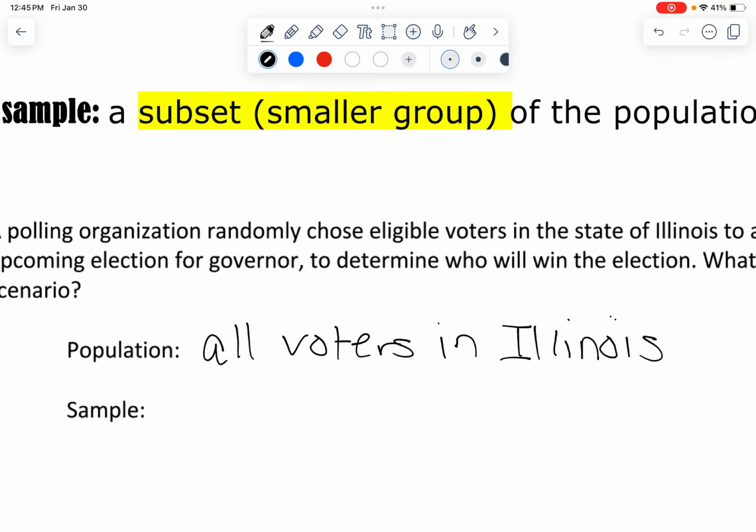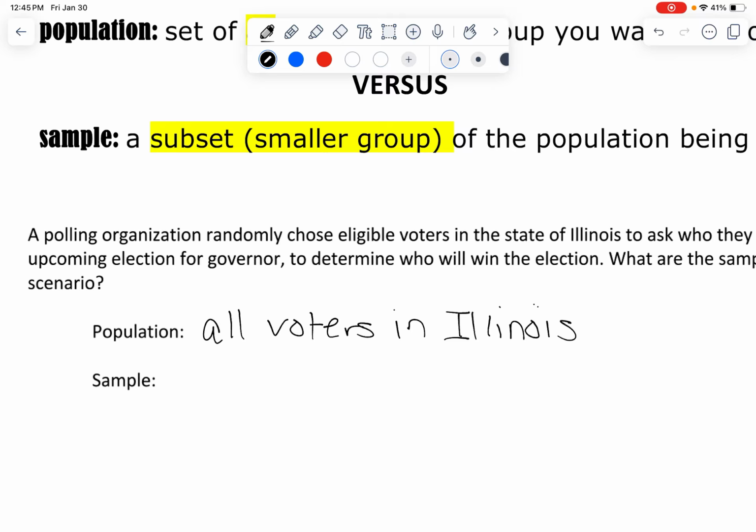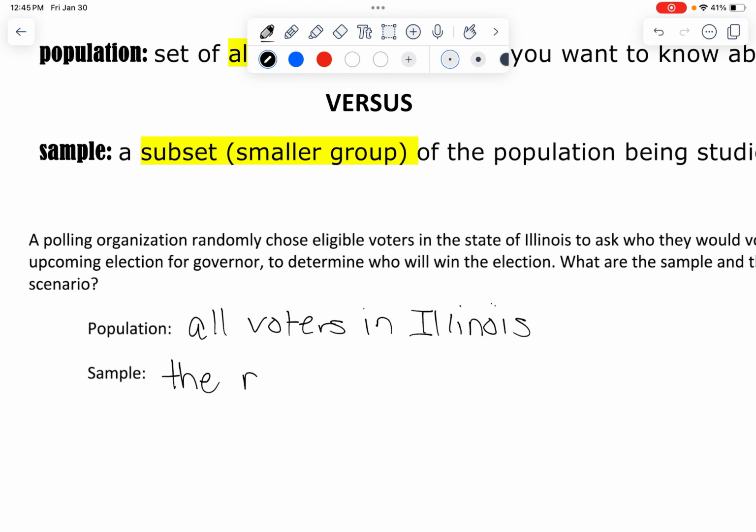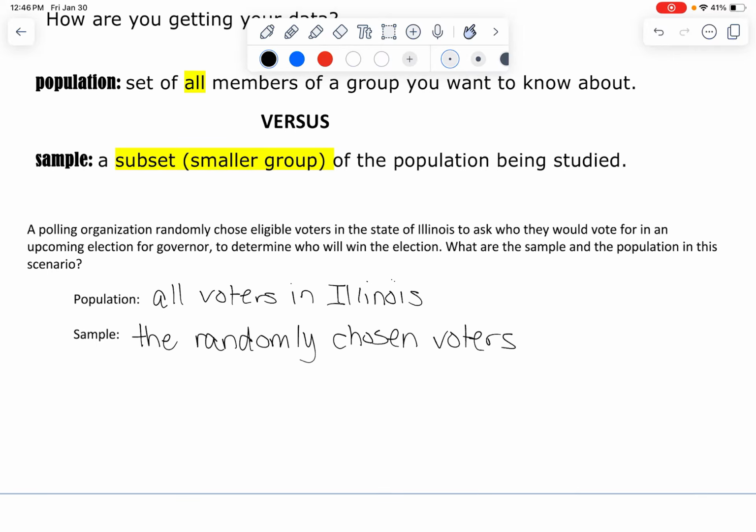The sample would be the randomly chosen voters. So they're going to poll a certain subset of that. That would be your sample.